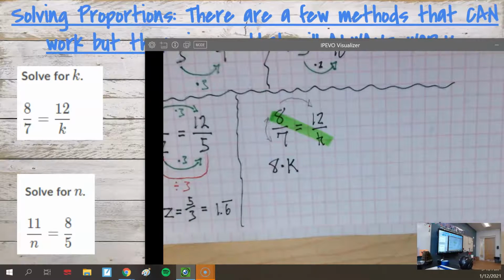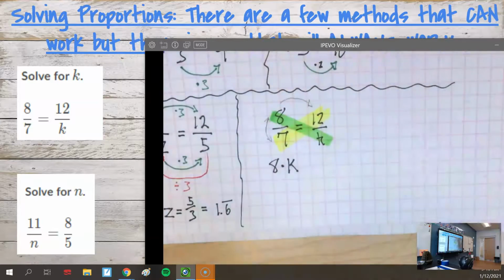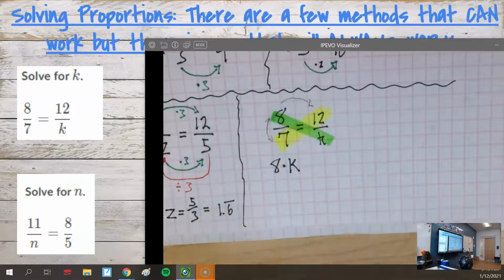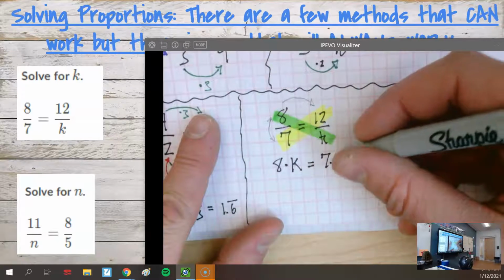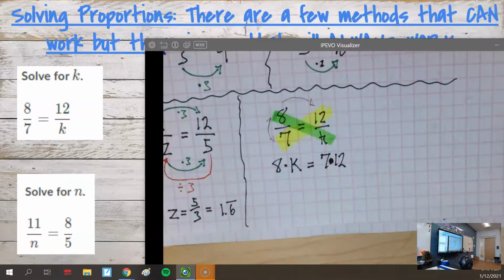Excuse me. And by first, I mean just the first one we did. I like to do the one involving the variable first to put it on the left-hand side. And I'll show you why in just a second. Dang it. That really looks like a decimal. That's a multiplication.